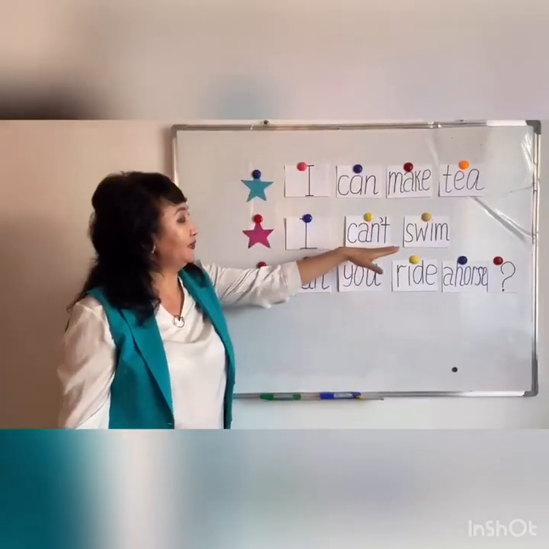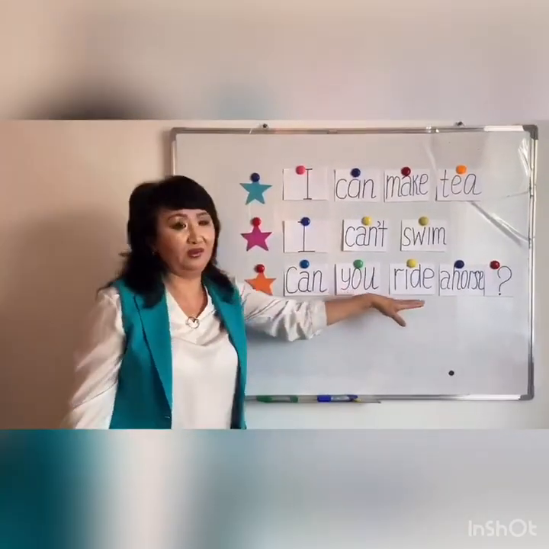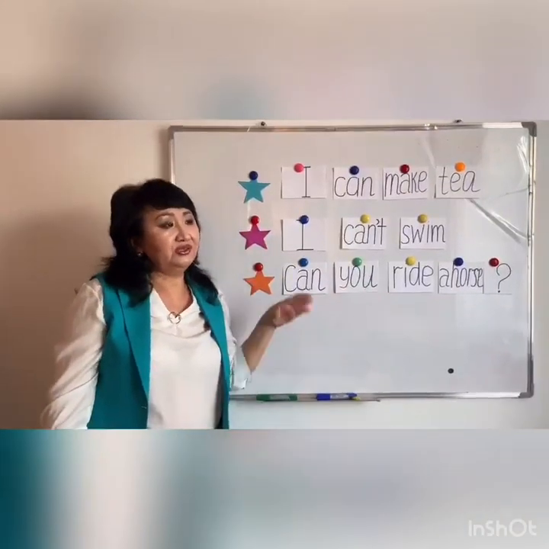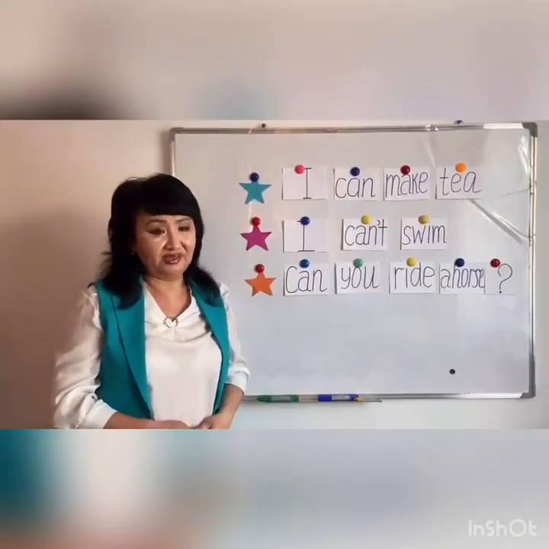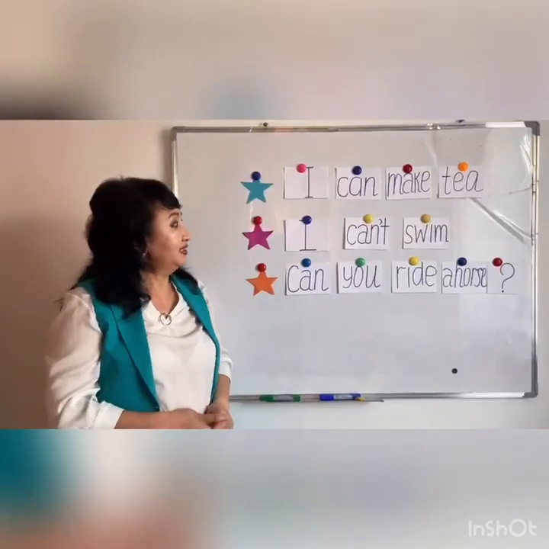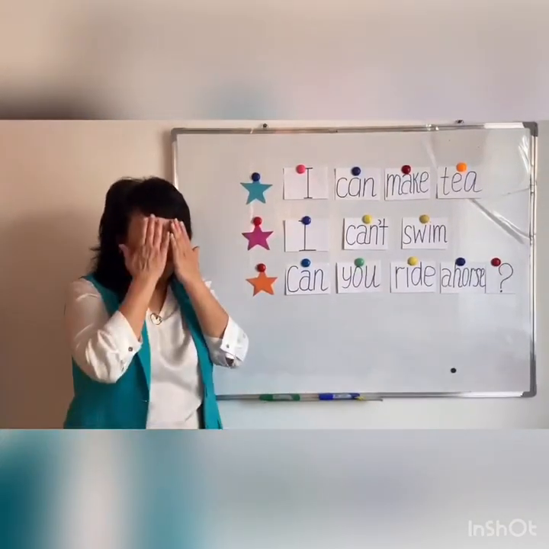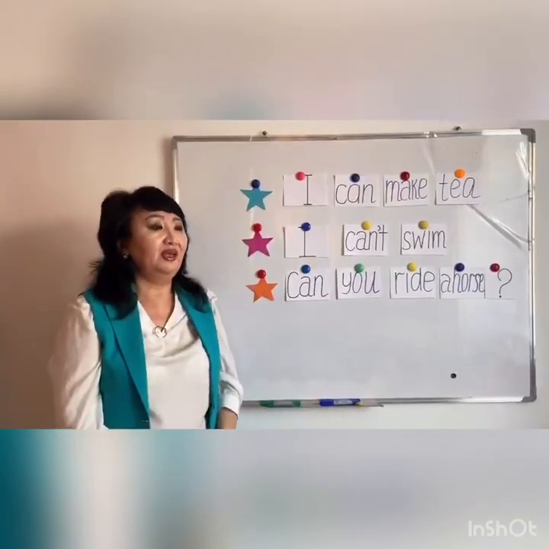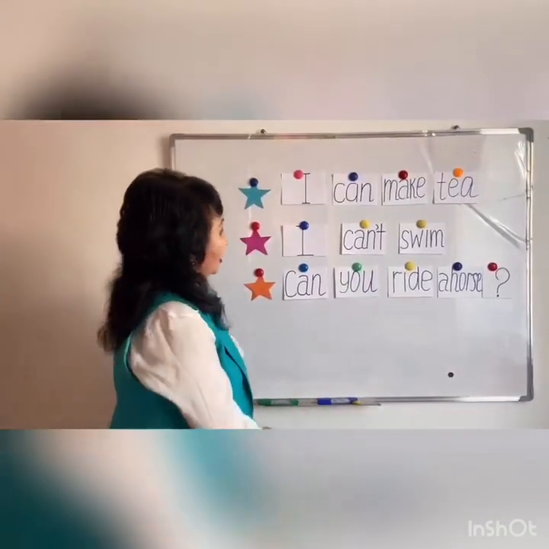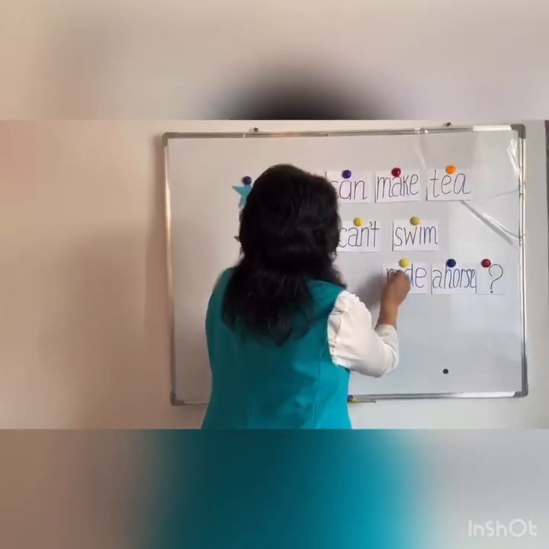I can swim. Can you ride a horse? And the children try to remember the structure of the sentence. After this, you ask children to close their eyes and take away one of the words.